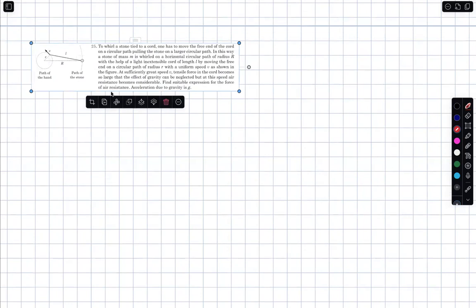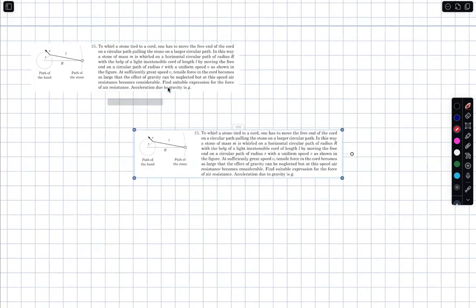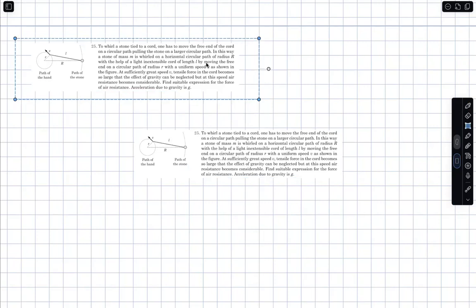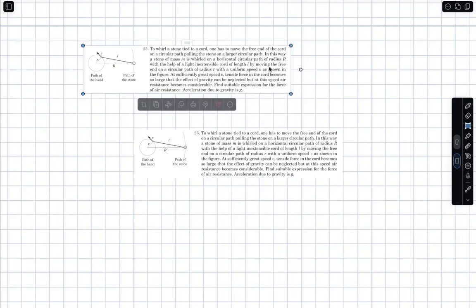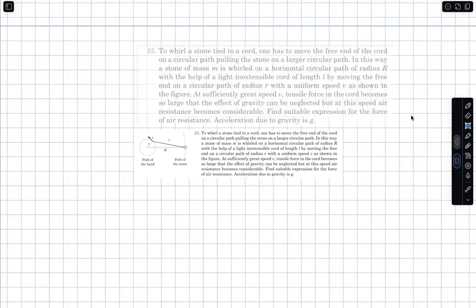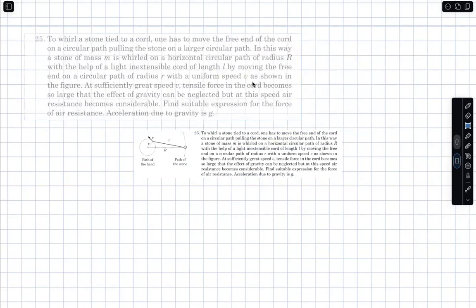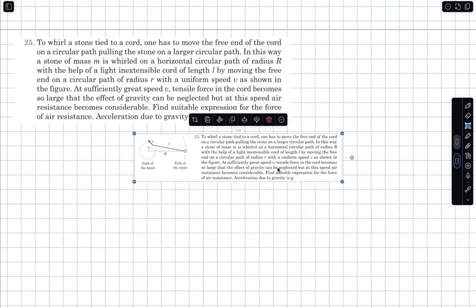I just copy and paste again. Olympiad question actually. I'll draw the diagram separately again.